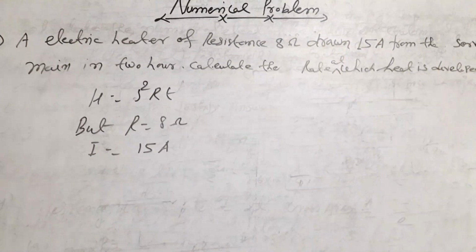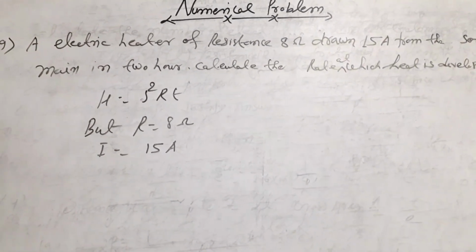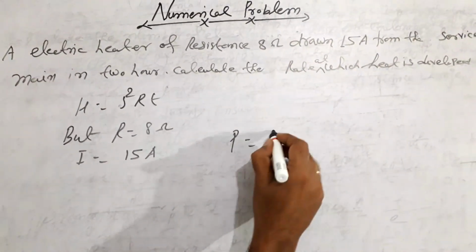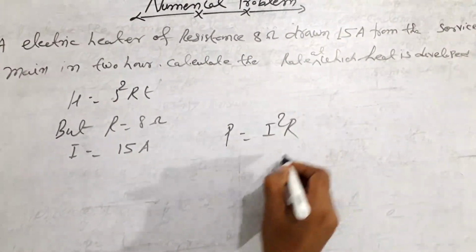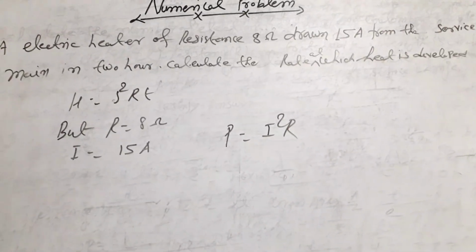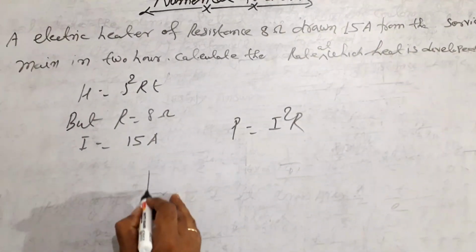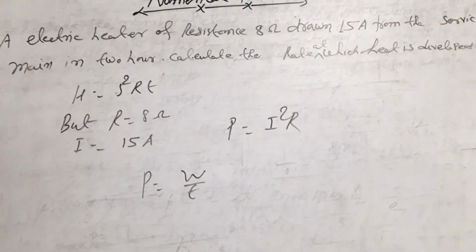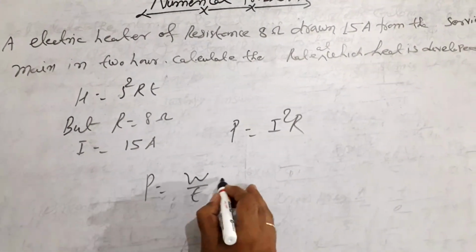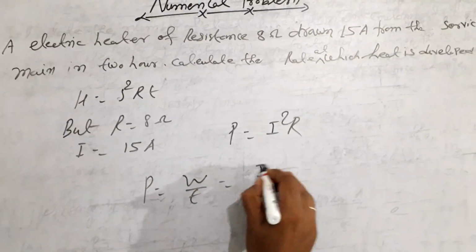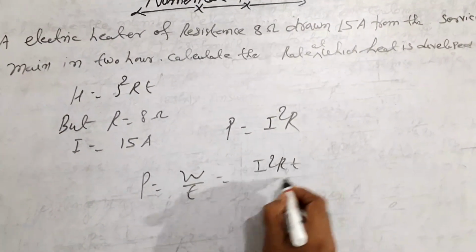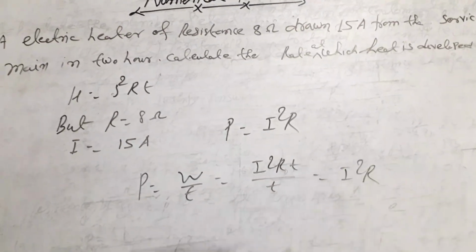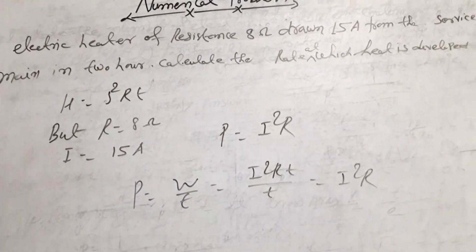Now we discuss your answer, but you calculate the power P. P equals W by T. So what is W? W equals I square R T, divided by T, so it becomes I square R. So you calculate your answer.